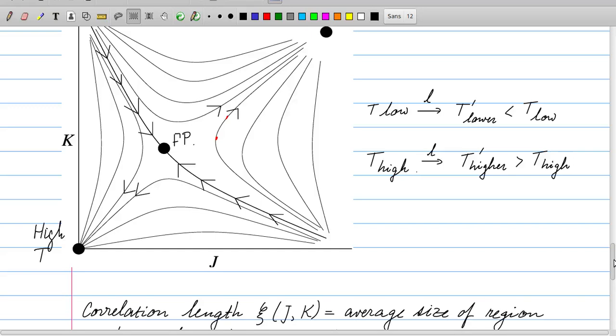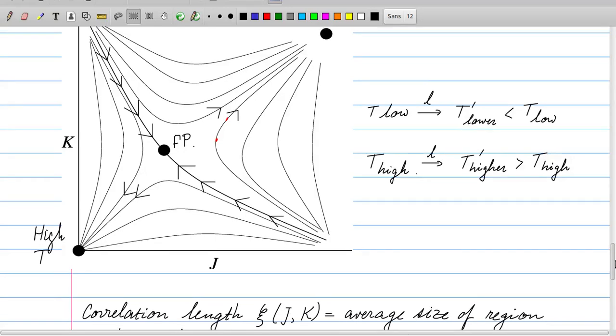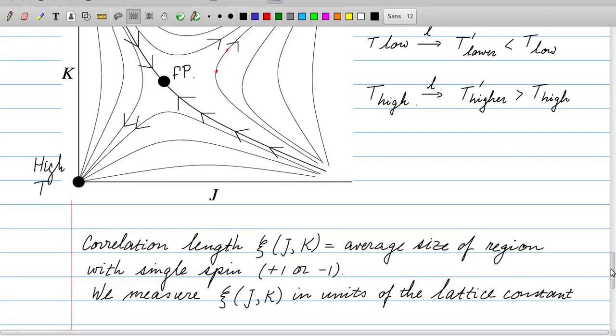And I have already sketched that if we change the lattice constant, and that's what we do when we rescale the lattice, then that affects the psi, because psi is measured in units of the lattice constant. If the lattice constant becomes bigger, as it does under the renormalization transformation, effectively the psi measured in those units gets smaller.